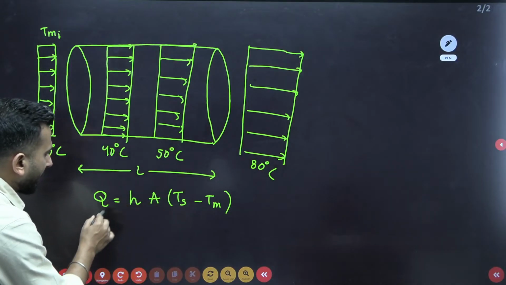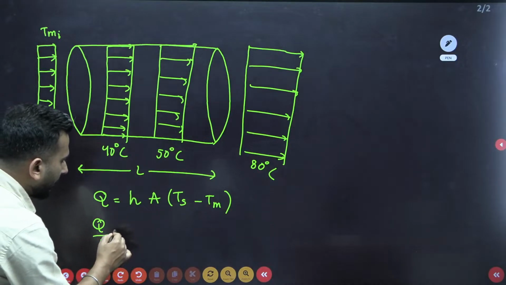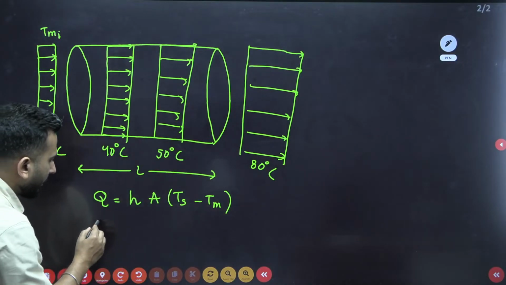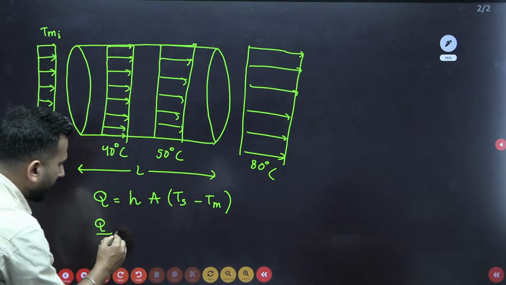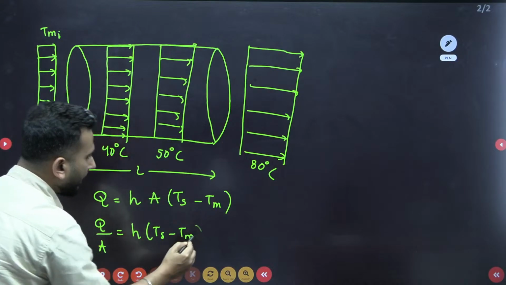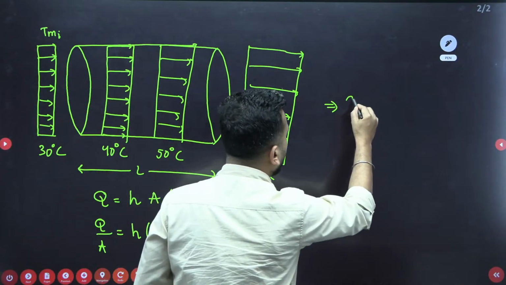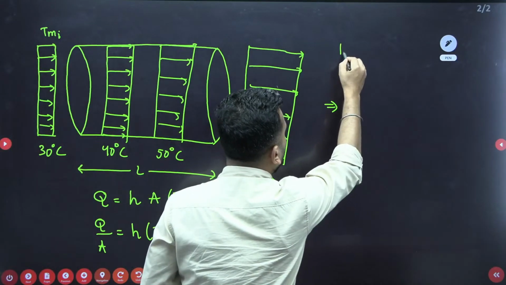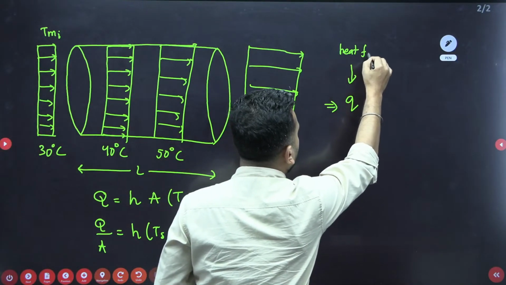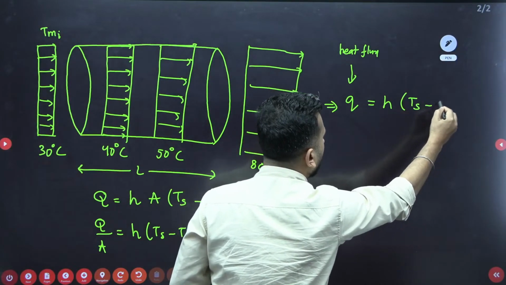So Q by A is equal to h (Ts minus Tm), and so I can write Q by A as small q, that is the heat flux, as h times (Ts minus Tm).